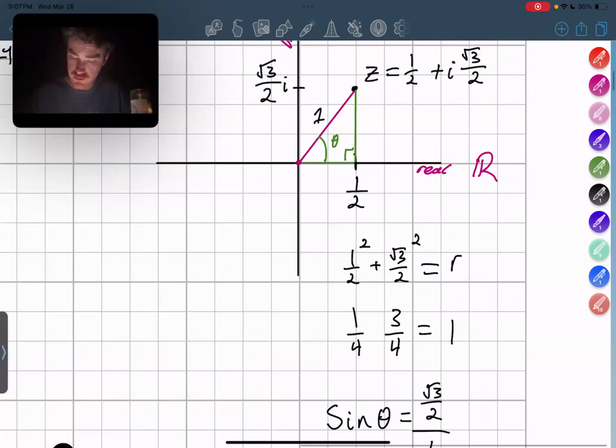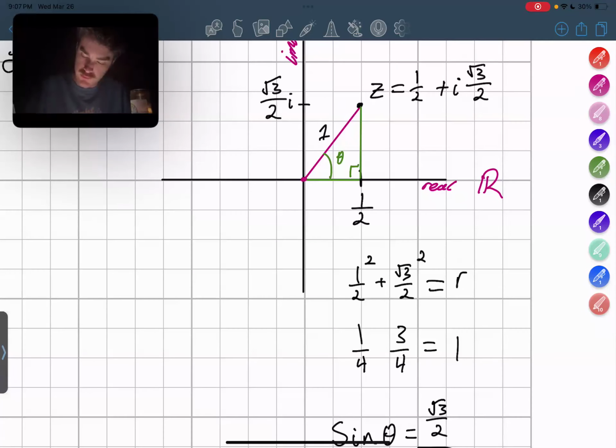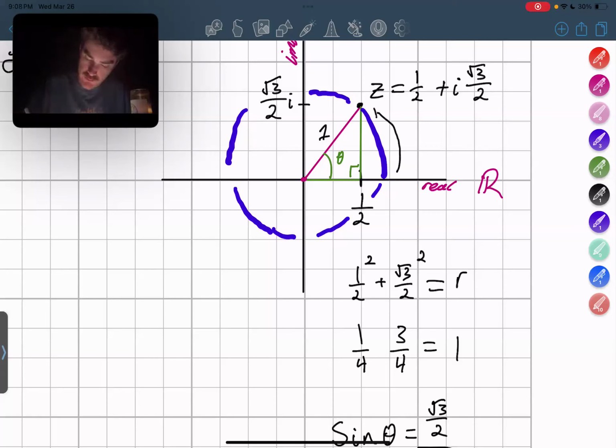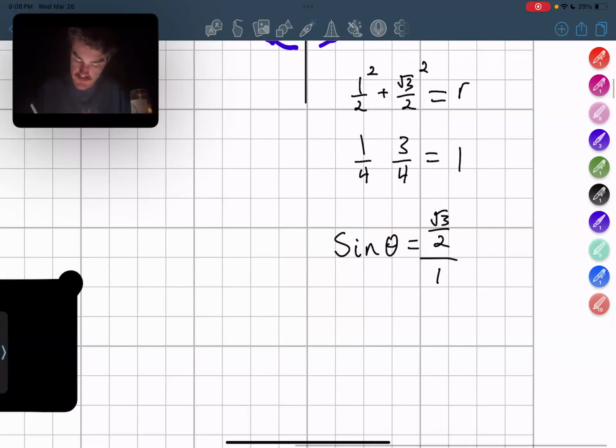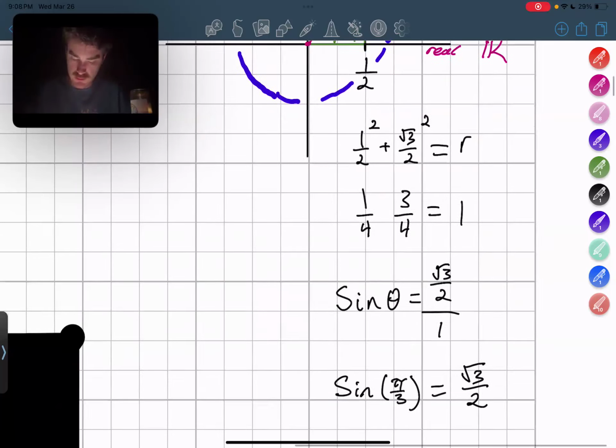If you imagine a nice little circle that goes all the way around this plane, I have to travel up pi thirds radians to get there. So sine of theta becomes sine of pi thirds equals √3 over 2. Lovely.